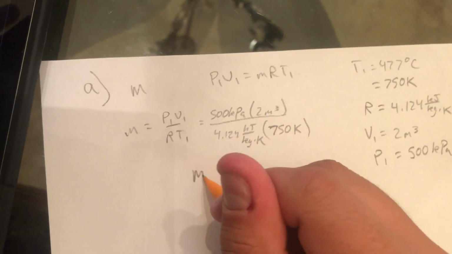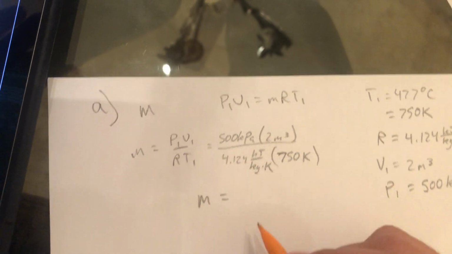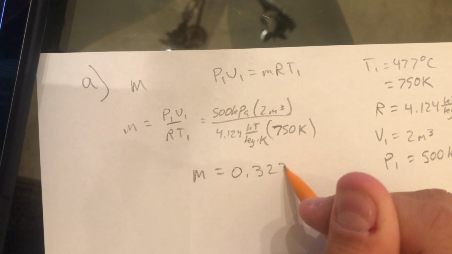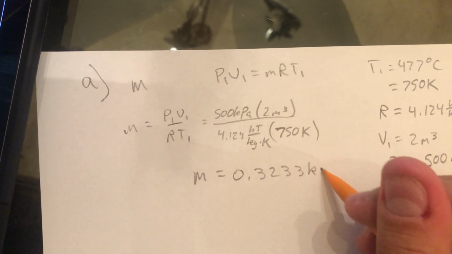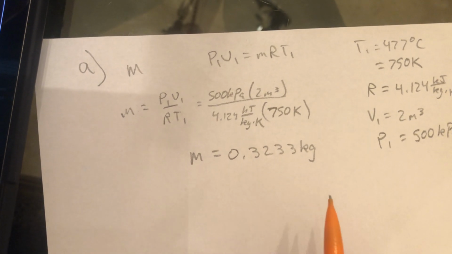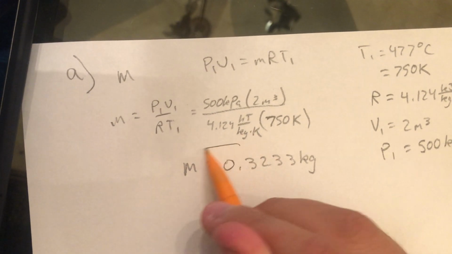Solving for mass, it comes out to be 0.3233 kilograms. Okay, so that's our mass. That's part A.